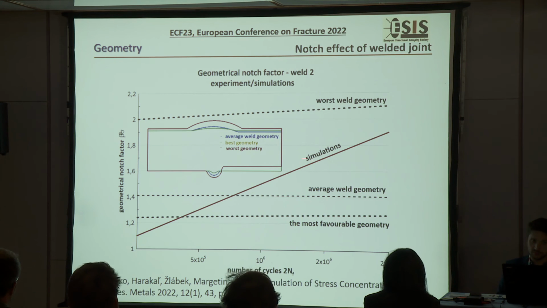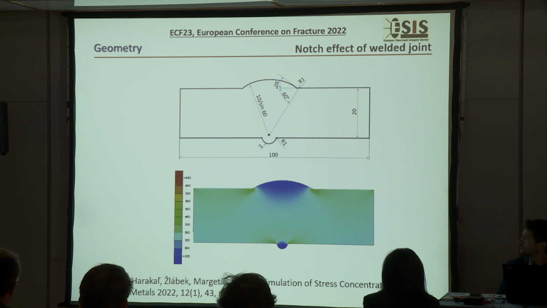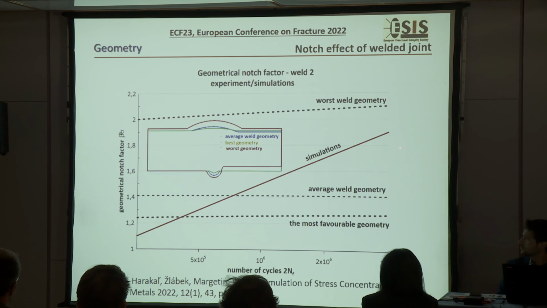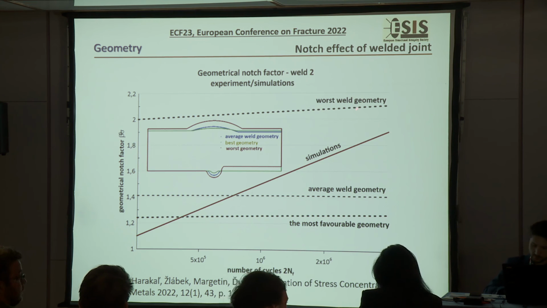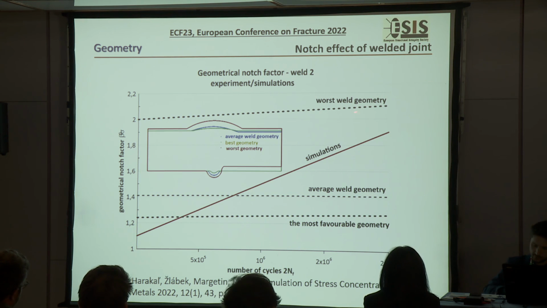This line is represented by this dashed line, like a geometrical notch factor. Okay, it's possible to say that this simulation is relatively successful, because these experimental results are inside the boundaries which we create by all combinations of these geometrical problems in the weld. It's possible that this is relatively okay.